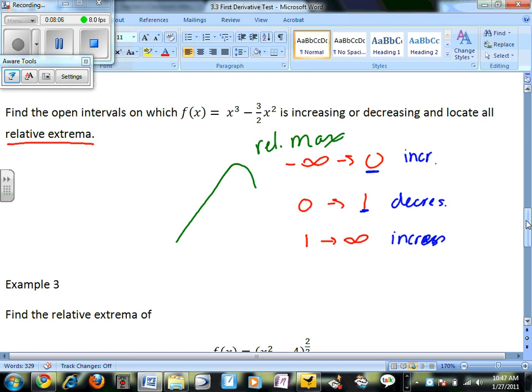And then from 0 to 1, so say this point is 0, right? I can actually draw a graph if I wanted. This point is 0. From 0 to 1, it's decreasing, but when I get to 1, on the other side of 1, it's increasing again. So it looks like I have a relative min at 1. So 0 is going to be a relative max, and 1 is going to be a relative minimum. All right, using the first derivative test.